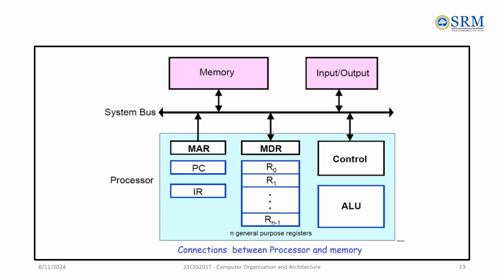You have the memory unit and input unit on the other side. The system bus connects these units to the processor. There is a single-way connection from MAR to the system bus and a dual-way connection between MDR and control unit to the system bus. Likewise, the memory and input and output units have a dual-way connection.